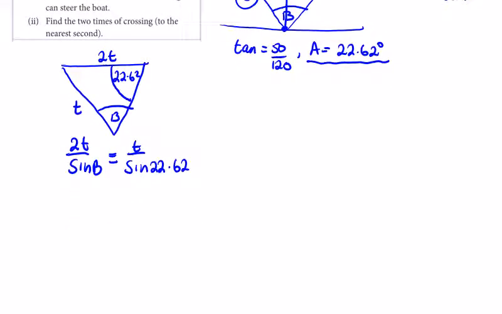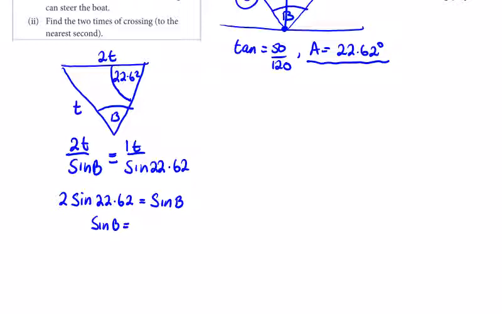So dividing by t and cross multiplying, I'm going to get 2 sine 22.62 is equal to, now this will be a 1. If we imagine a 1t here, it's just going to be 1 times the sine of B. So that's going to be my sine of B.